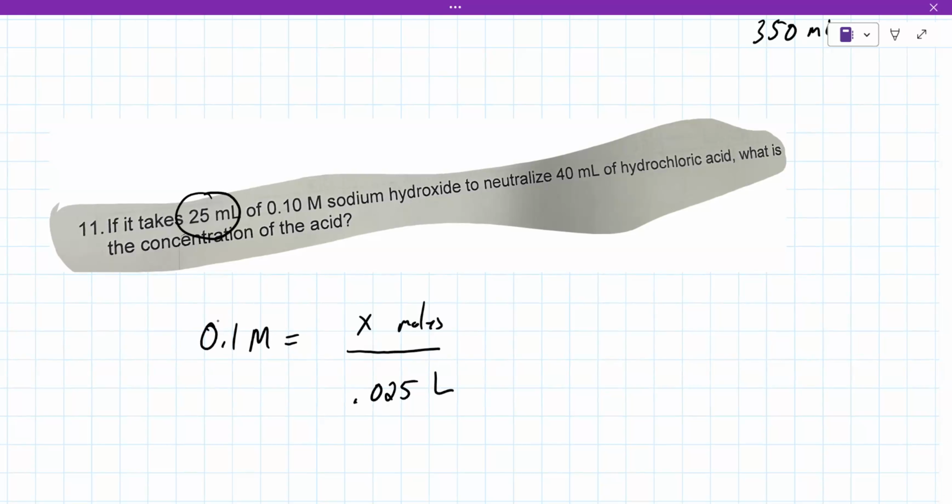Okay, so can you solve this for X for us, please? Is it 0.25?